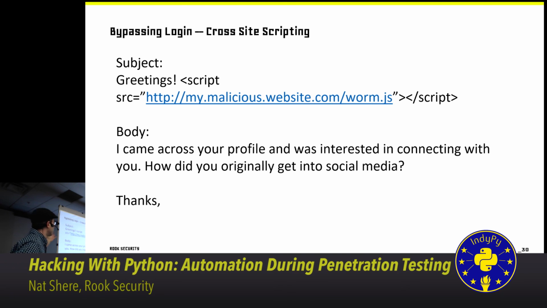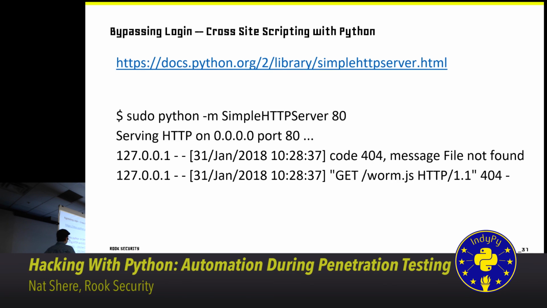So obviously, we could put actual code here within the script tags. Or we use our source file and just download our JavaScript from our website. But obviously we need a server to do that. Well, again, Python comes in and very nicely has a one-line command, python -m http.server, run it on port 80, boom.